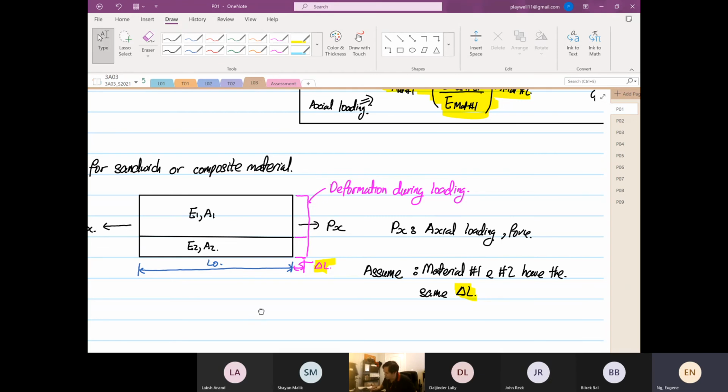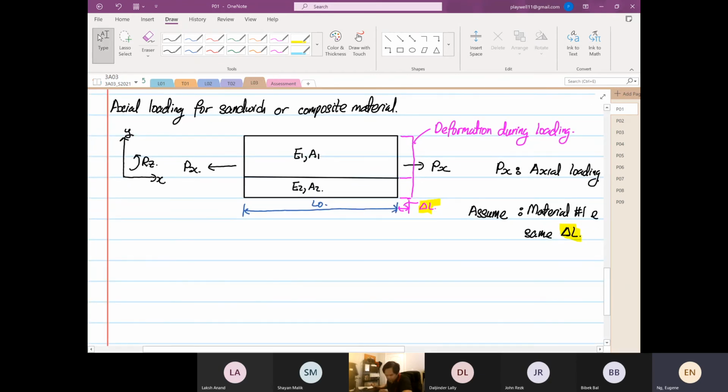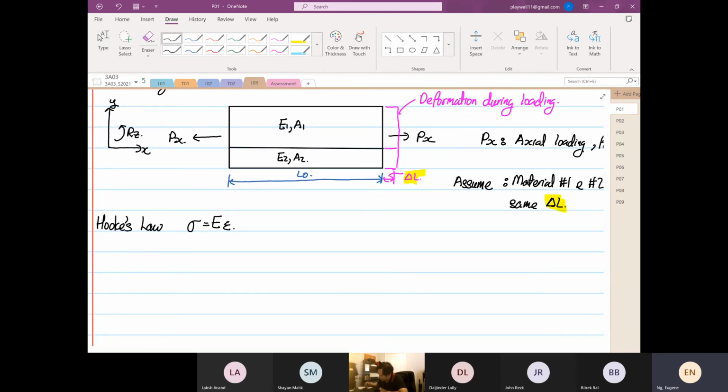So now when we go back to Hooke's law, Hooke's law states that the stress is equal to Young's modulus multiplied by strain. So if we draw a stress strain curve, the function is stress equals E multiplied by strain.